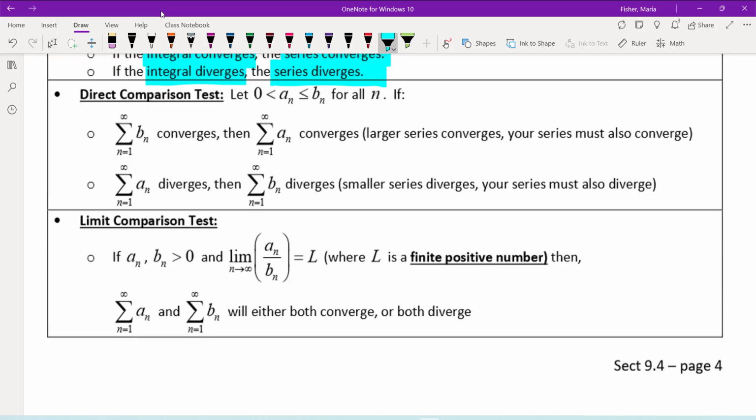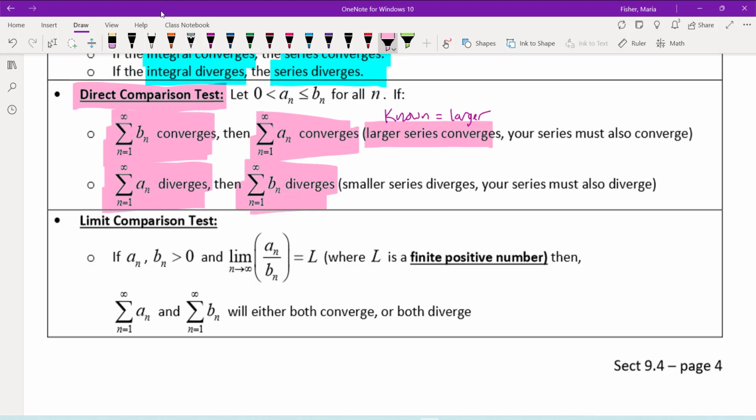The last two are the ones that we learned in this section, the direct comparison test. For the direct comparison test, if the one that we know converges, then our series converges as long as b sub n is larger. And if our known diverges, then our given diverges as long as our known is smaller.